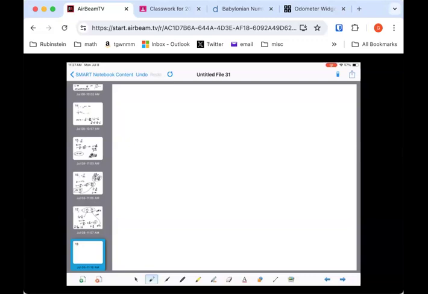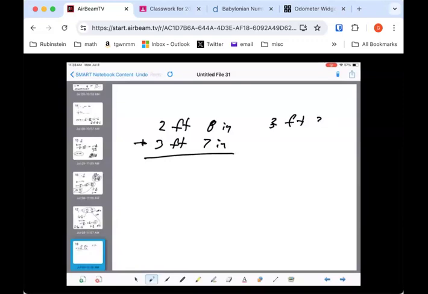What we're doing right now is going to remind you, you might remember back in the day in elementary school, they used to teach this kind of thing a lot, where they would say like 2 foot 8 inches plus 3 foot 7 inches. Or maybe they would say like 3 foot 2 inches minus 1 foot 8 inches.